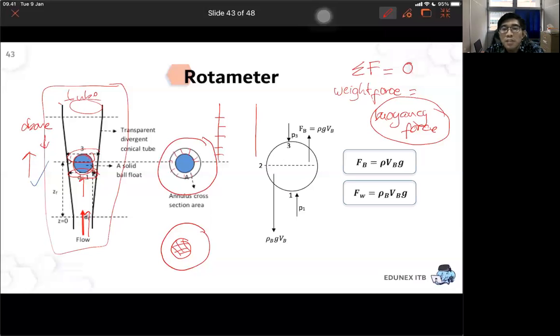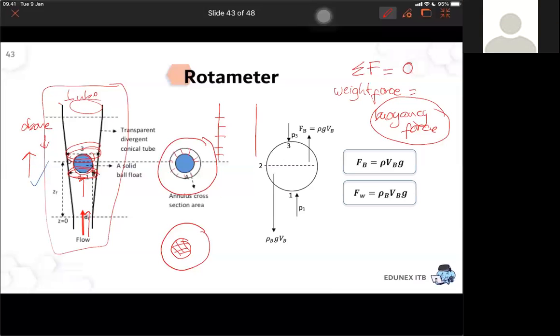But for the rotameters and the venturi, you create the pressure difference by changing the diameters inside the pipe. In here, in the rotameters, you create the pressure difference by increasing the velocity by changing the space between the tube and the ball.